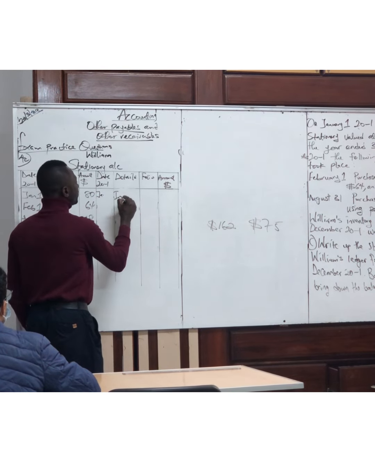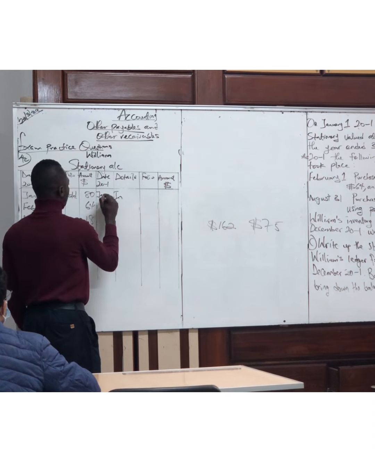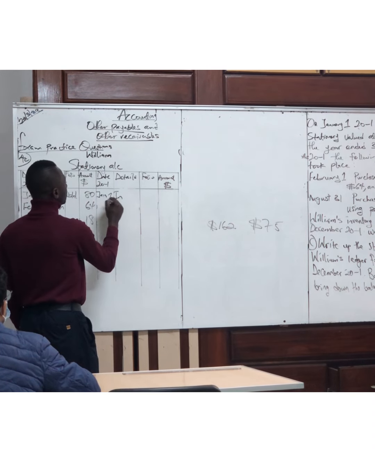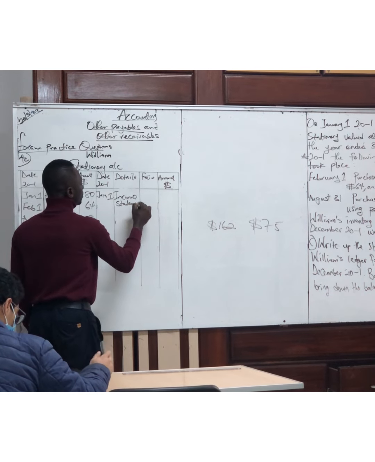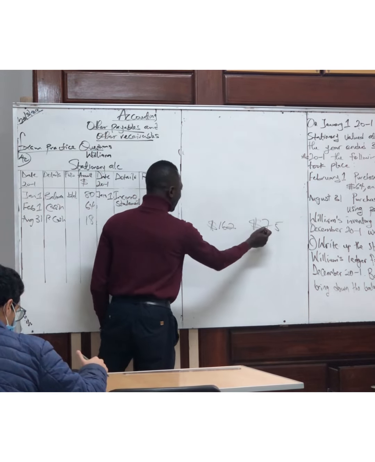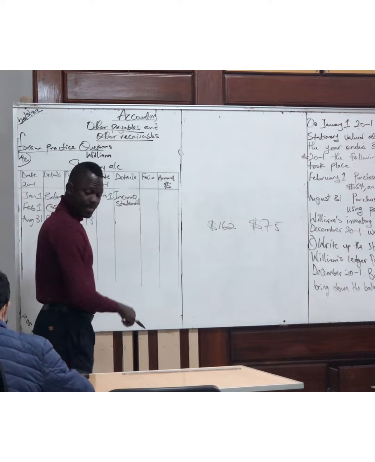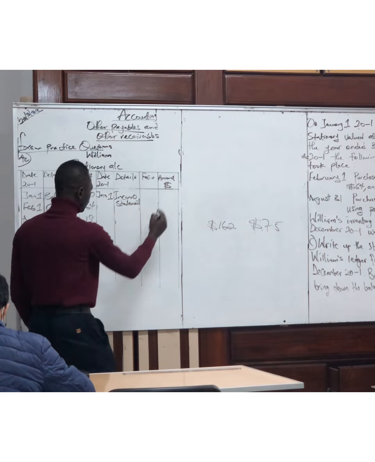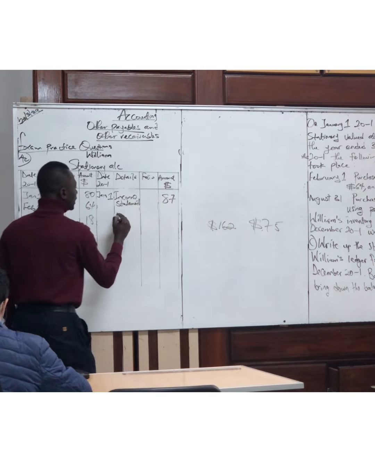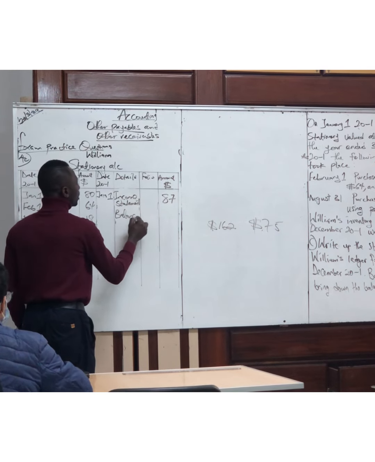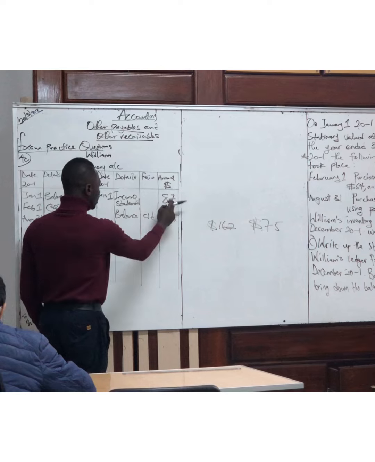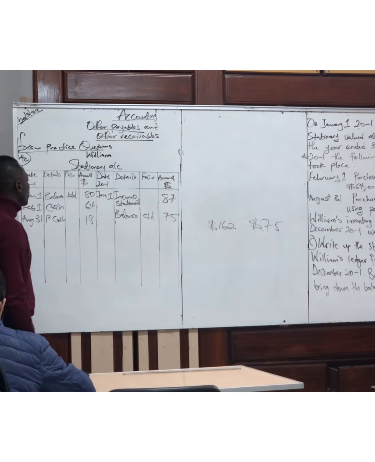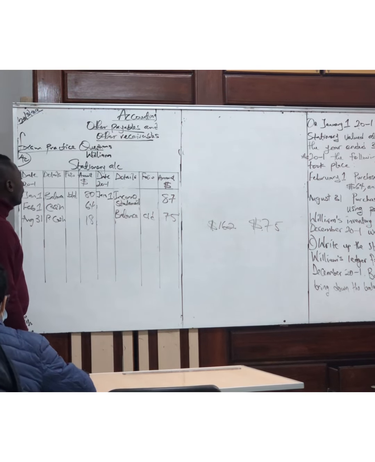So for January 1, our income statement will be 162 minus 75, which is 87. Then our balance carried down is 75. Thank you. 87 plus 75 is 162.